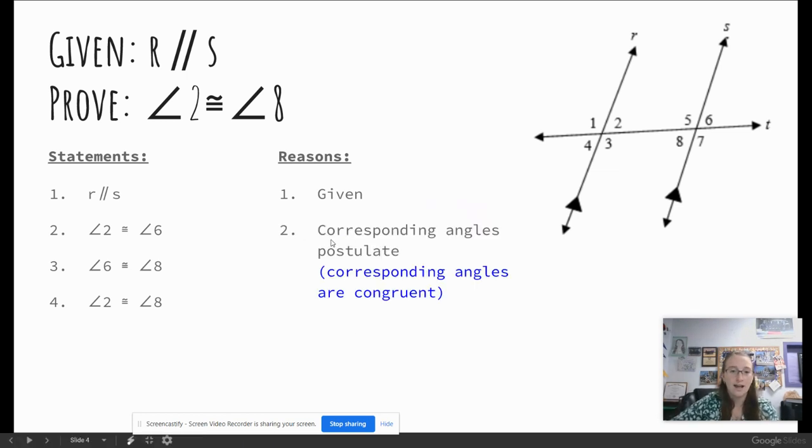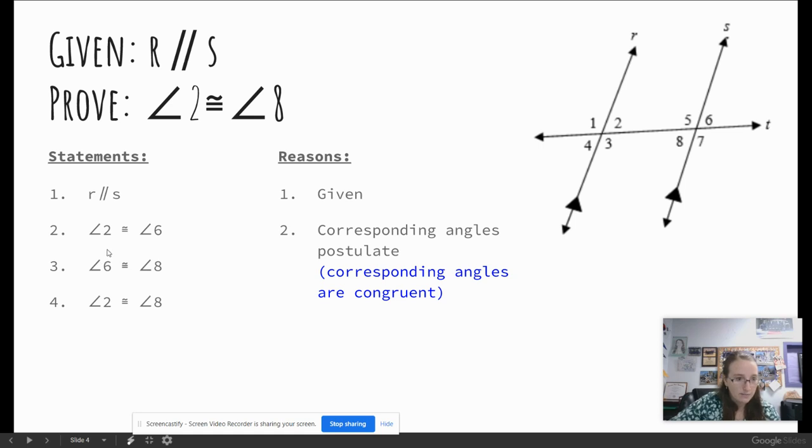So that's why my next reason is corresponding angles. You can go ahead and leave off the postulate, that's fine. You can just say corresponding angles. So I said angle 2 equals angle 6, and that's because they're corresponding angles and they're congruent, they're equal. So that's why I'm allowed to say that.